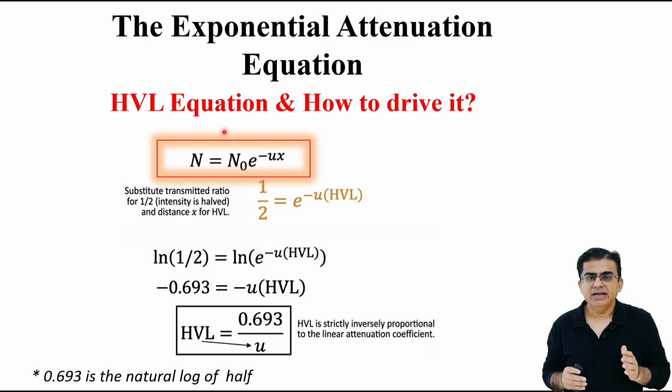Let us start with our main equation. N equals N0 times e to the power of minus mu x.